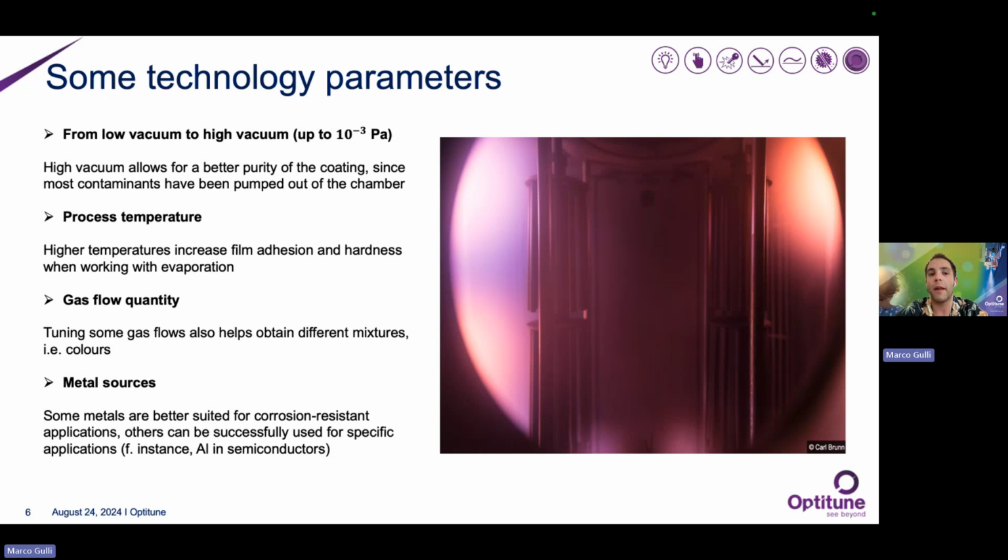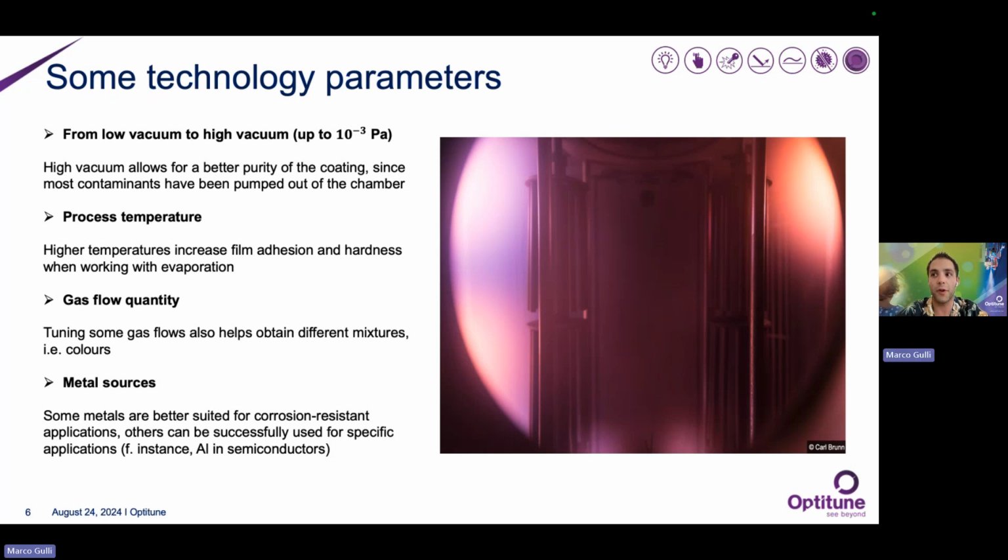For example, when speaking about the degree of vacuum, it's really important that the PVD chamber is under high vacuum, or at a certain degree of vacuum, because this would determine the degree of purity of the final PVD coating, which should be good enough.